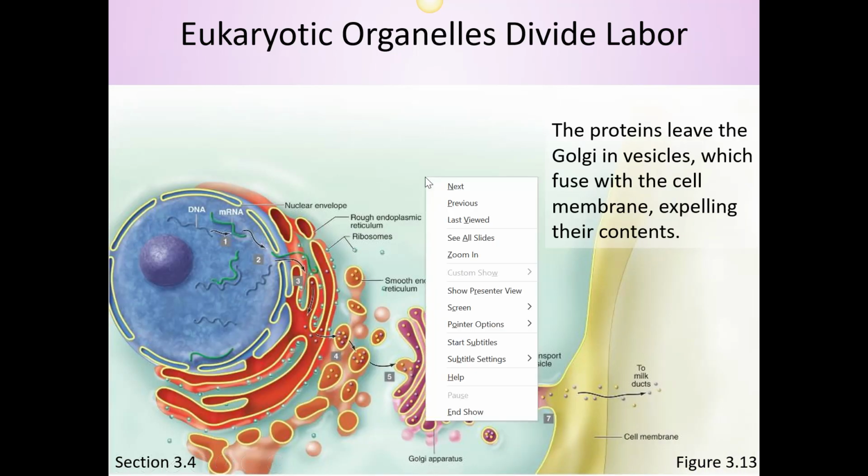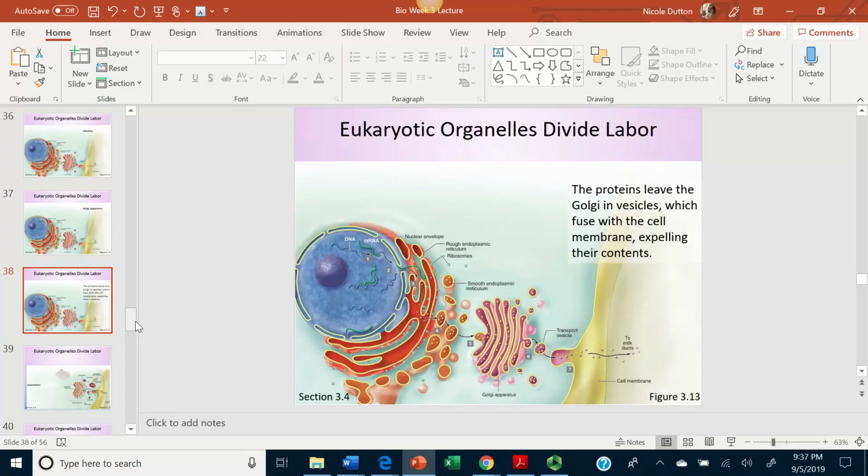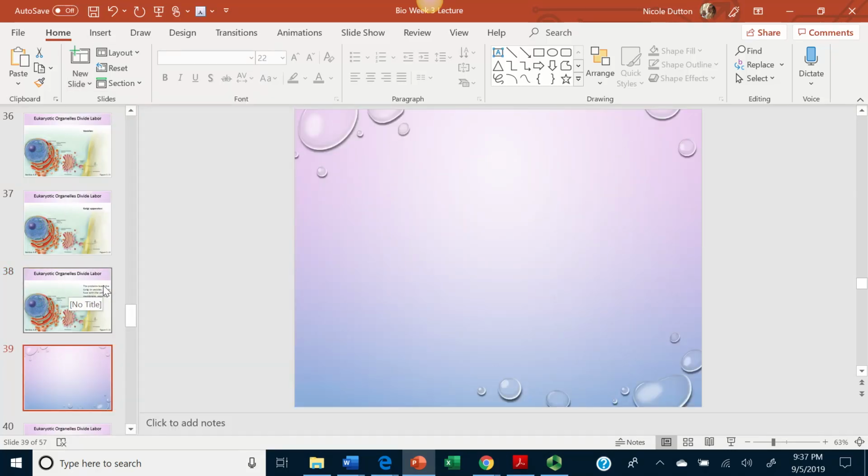So before we go on, I want to give you an analogy. On this side, I'm going to have what actually happens when we produce a protein.